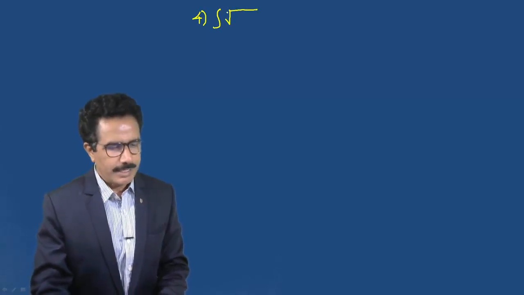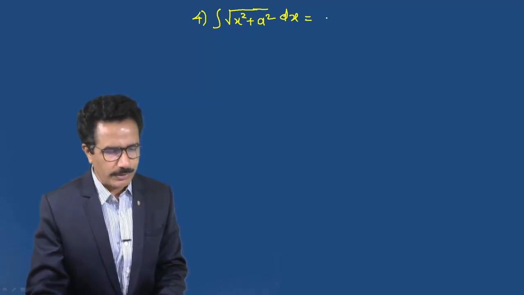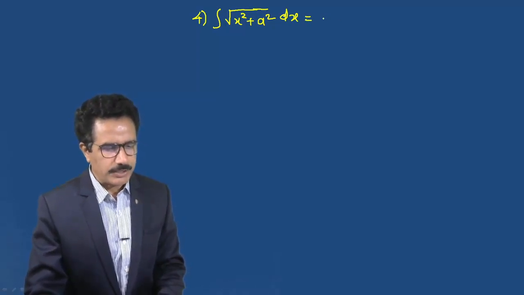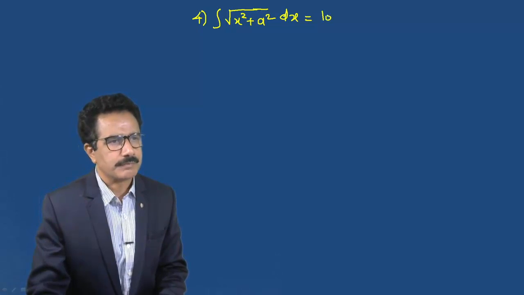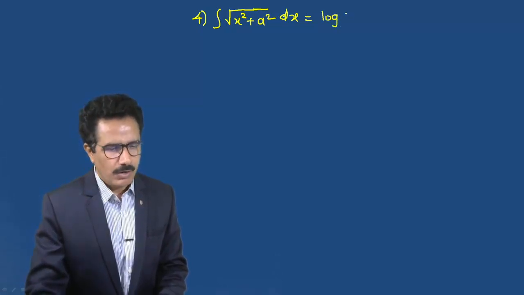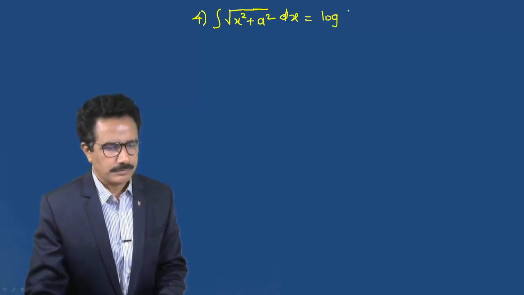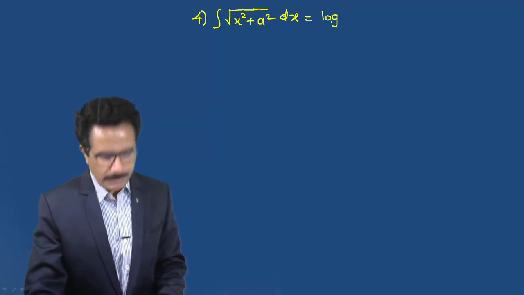Now again there are three standard forms which are used. We can write the standard form, that is number 4, integration of root of x square plus a square. Chalo students, now you tell me what is the formula for this. The formula uses log.